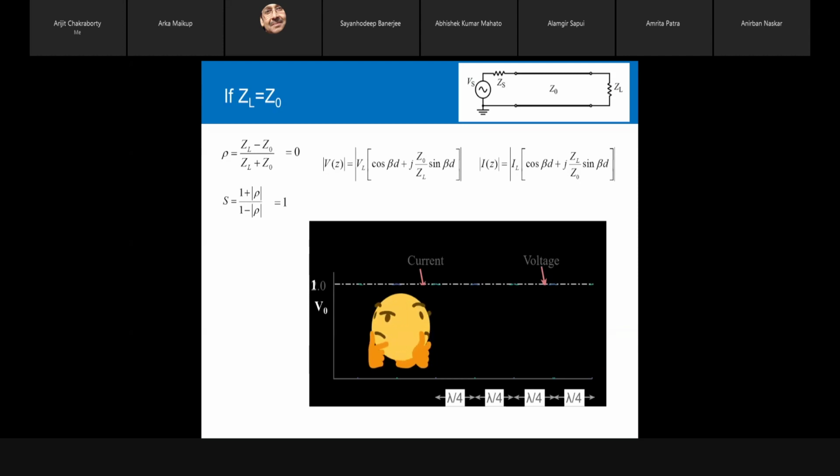You look at the topmost figure. There are three impedances. One is source impedance, one is load impedance, another is Z naught. And normally we don't use ZS. We use here Z in, input impedance. That is the impedance that you look from this side, and what is load impedance and what is Z naught.